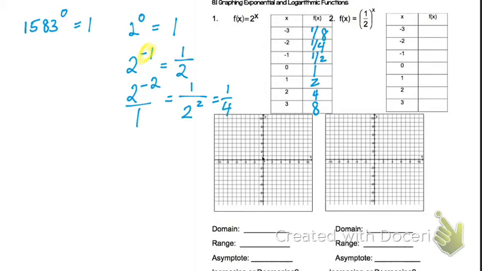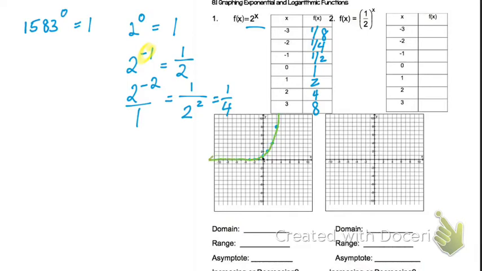How do we get these numbers? By plugging into this function. So I'm going to plot my points. And as my x value is getting smaller, so like the negative numbers, what's happening to my y value?